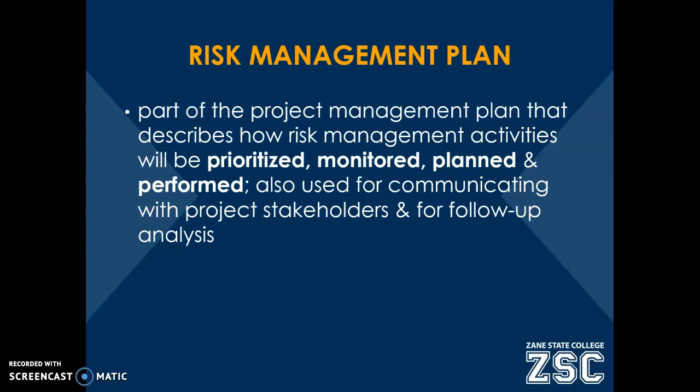As I said, the prioritization can come from the opinions of the stakeholders, and then these risks need to be monitored to evaluate their likelihood of occurring. And there needs to be a plan in place. If the risks do present themselves, how are you going to deal with it? How are you going to avoid it or minimize it?